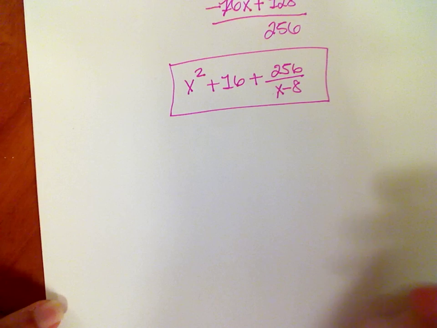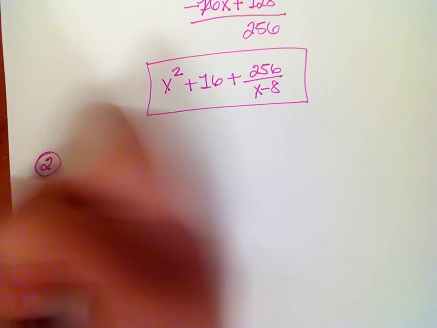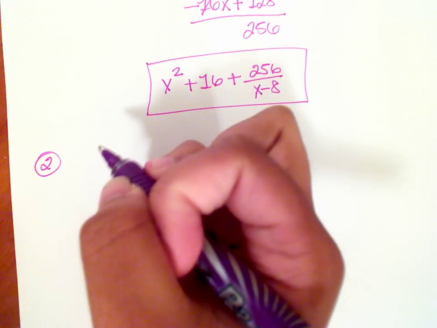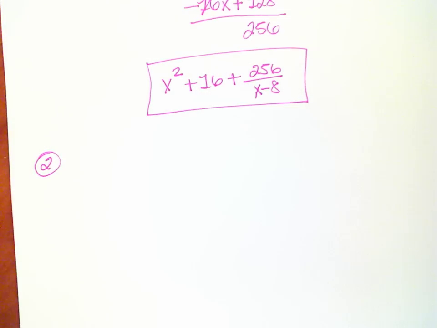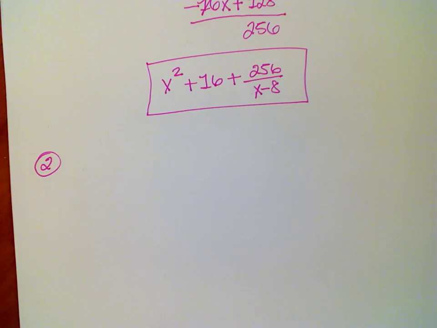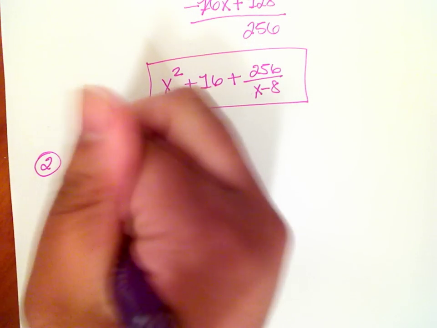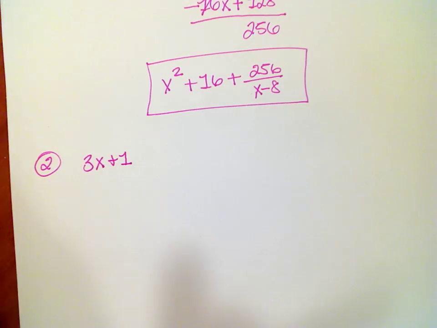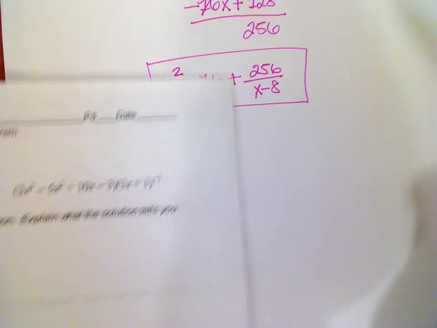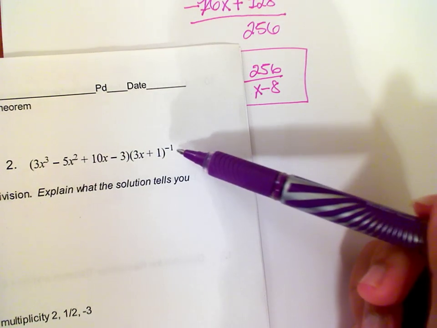So for number 2, I am going to use synthetic division. So let's take a look at our divisor. And our divisor is 3x plus 1. Remember, an exponent of negative 1 means to divide.